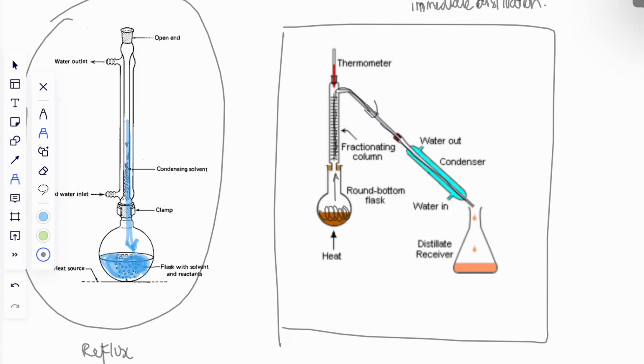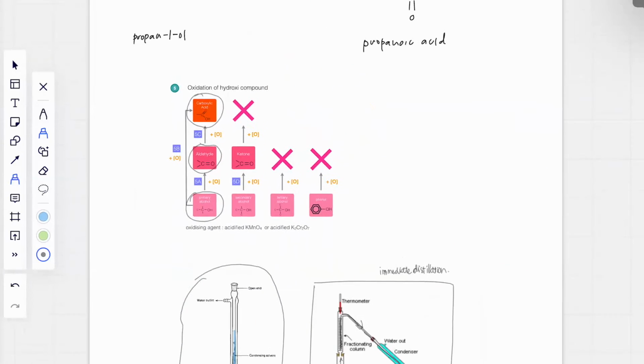So the aldehyde doesn't have a chance to react further to become carboxylic acid, because you quickly remove it. Then you get the distillate, and the distillate is aldehyde. You adjust the temperature slightly higher than the boiling point of the aldehyde, so that the aldehyde goes up, and when it condenses, you take it out. You remove them. So like that.